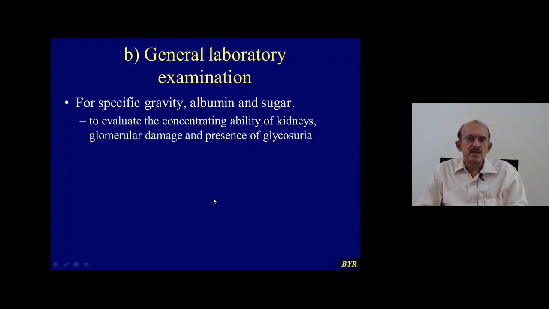In certain conditions, this diluting and concentrating capacity of the kidney is lost. Then urine will have a fixed specific gravity. Can you tell me an example where specific gravity of the urine is constant in spite of dilution or concentration? No, it is not diabetes insipidus.